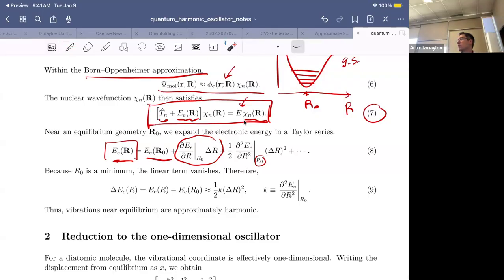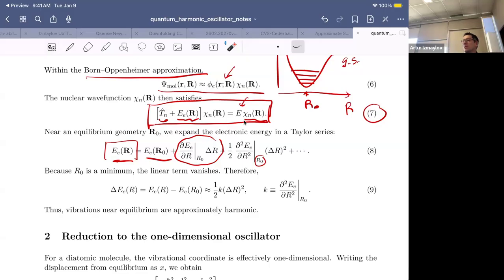Does anybody pay attention? Basic calculus. So how do we find minimum or maximum? What is the condition? That's an opportunity to show that you know calculus.